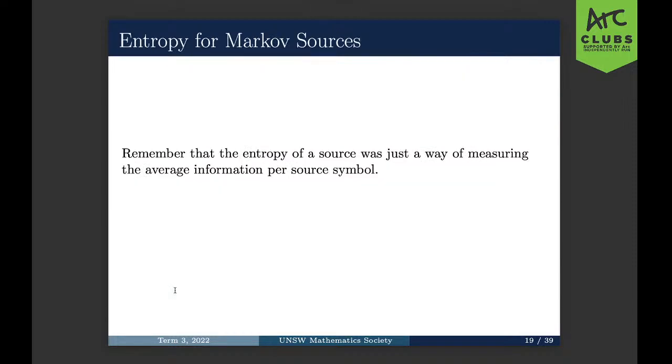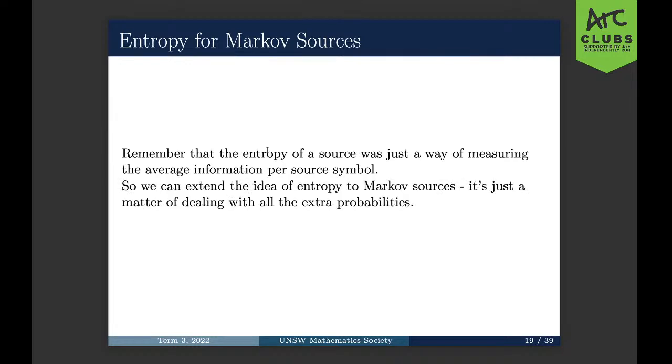Okay, just pushing through. We're going to talk about the entropy for Markov sources now. Remember, the entropy of a source is a way of measuring the average information per source symbol. And Markov sources are sources, so why don't we apply this idea to measure the information in Markov sources?